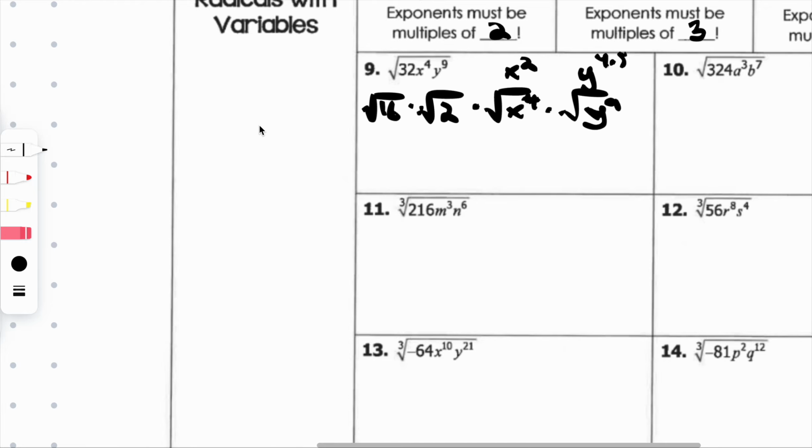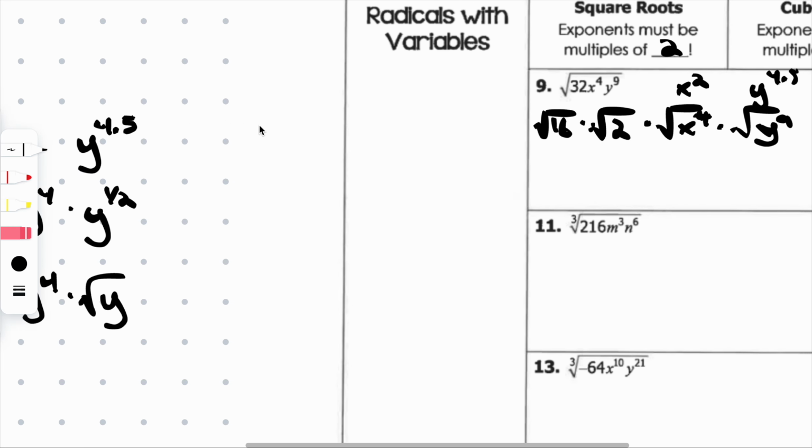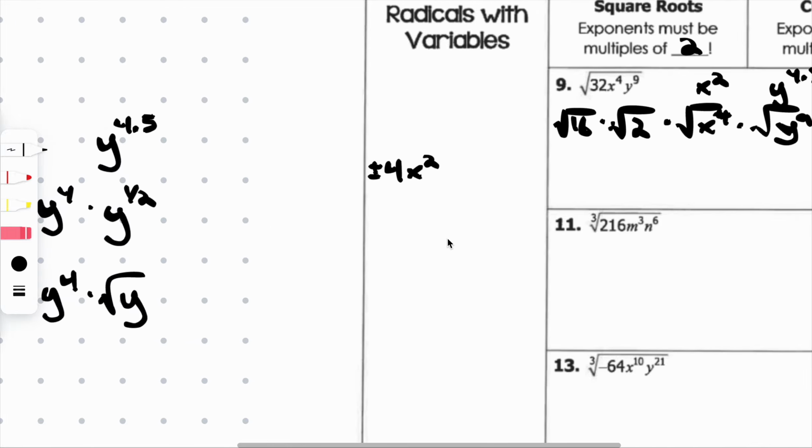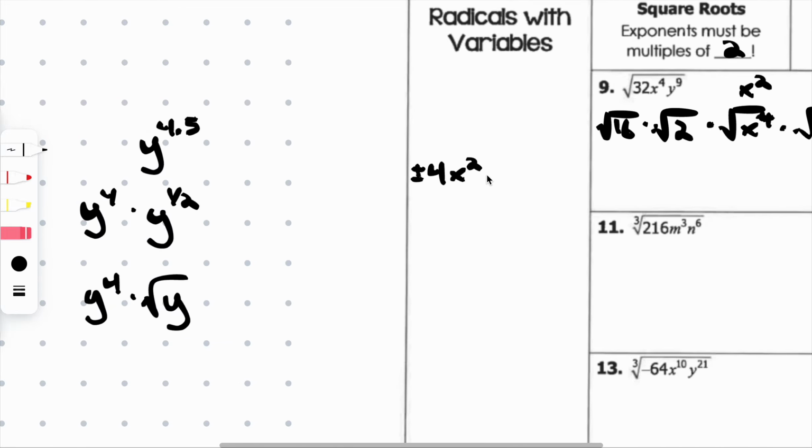So now we're at the point, and I'm going to write this out here. The square root of 16 is plus or minus 4. And then times x squared, which we got up there, and times y to the 4th, which we got down there.